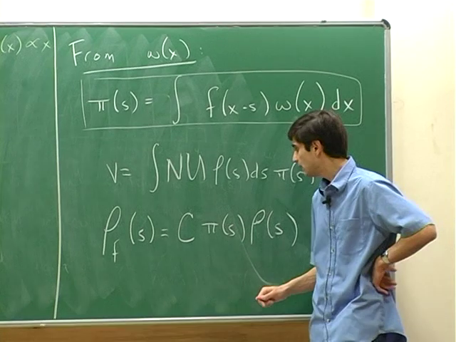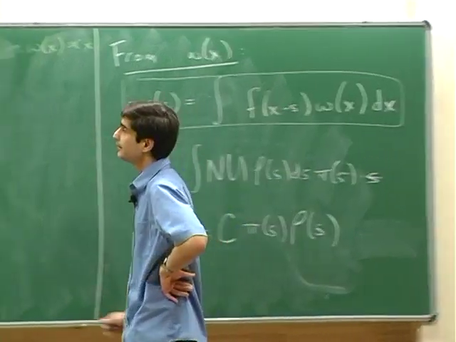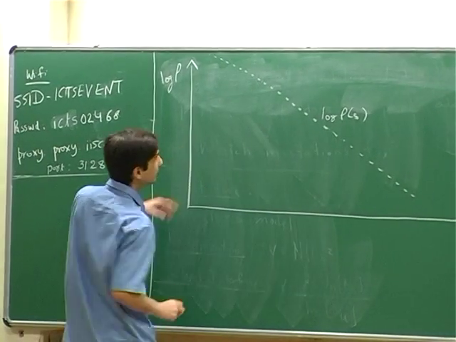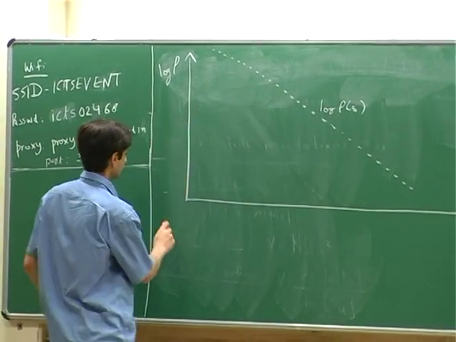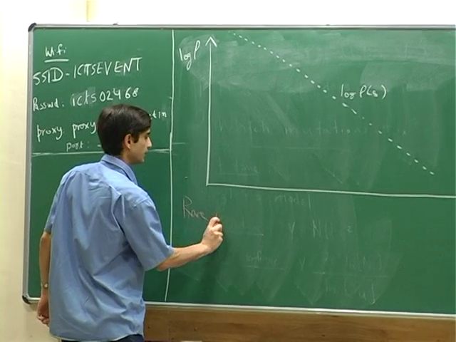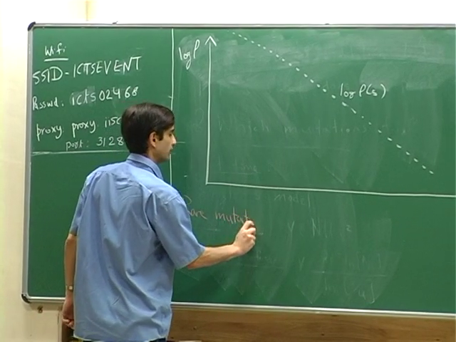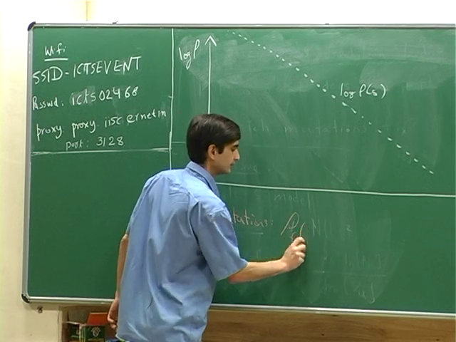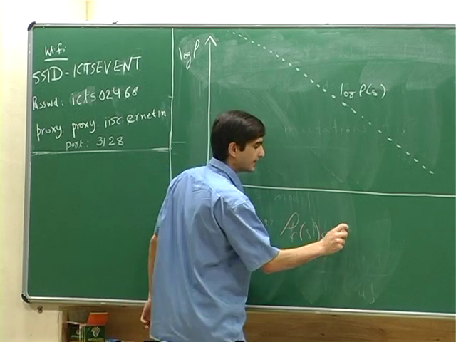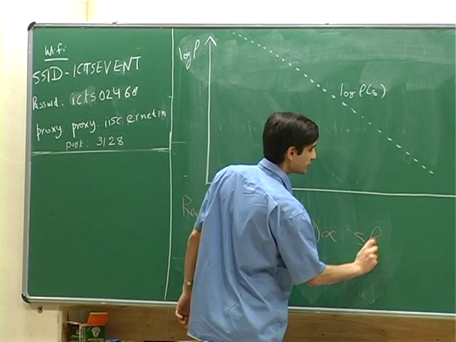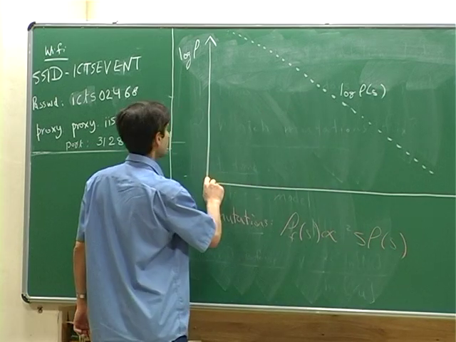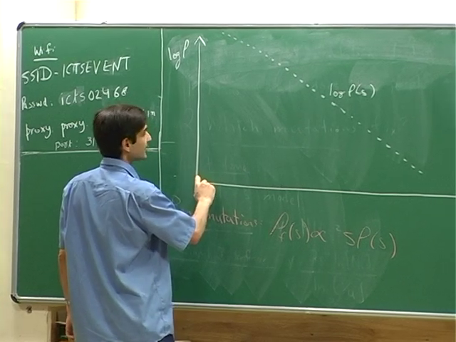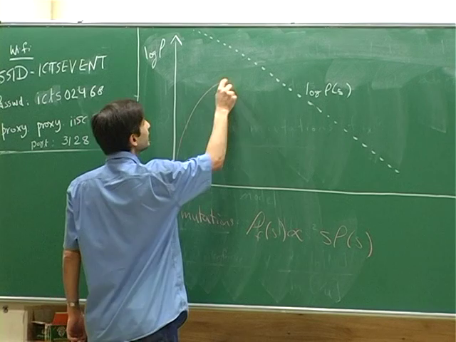In that case, we would basically be saying that rho f of S, we have to have a normalization constant, but it's proportional to S rho of S. So really weak effect, almost neutral mutations would have essentially 0 probability of fixing.